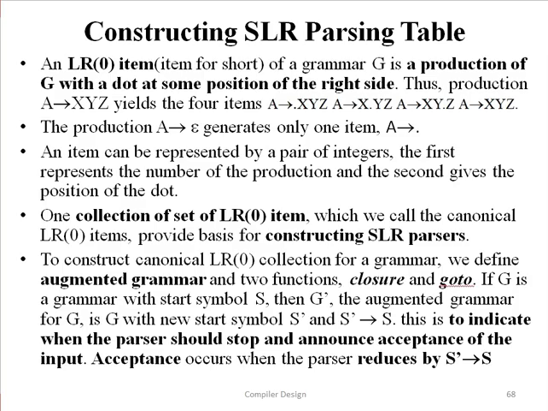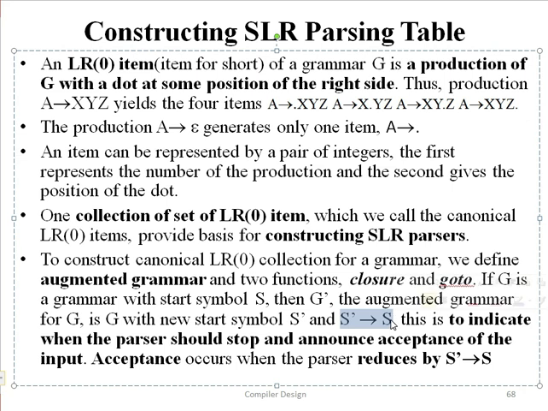When we say grammar augmentation, that means introducing a new non-terminal that can be used for adding a new production rule into the already given production rules of the grammar. For example, if the grammar is G, after the addition of the new non-terminal, the resultant grammar becomes grammar G prime.